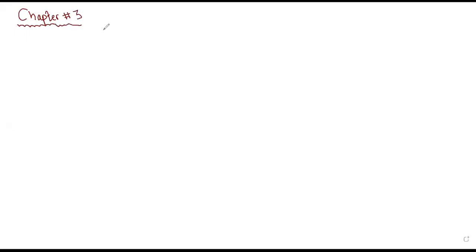Chapter 3, that is coordinate geometry. Okay, so let's talk about the first section. That is 3.1. Okay.